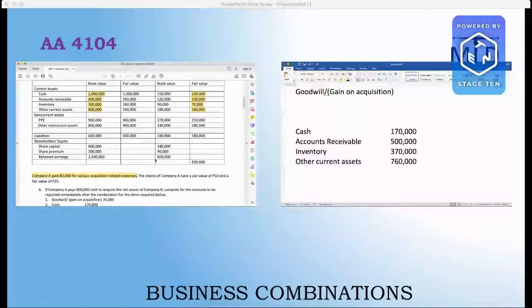Okay. But let's also compute for the combined amount for our non-current assets, class. Again, it would be 900 and 250, which would be 1,050,000.